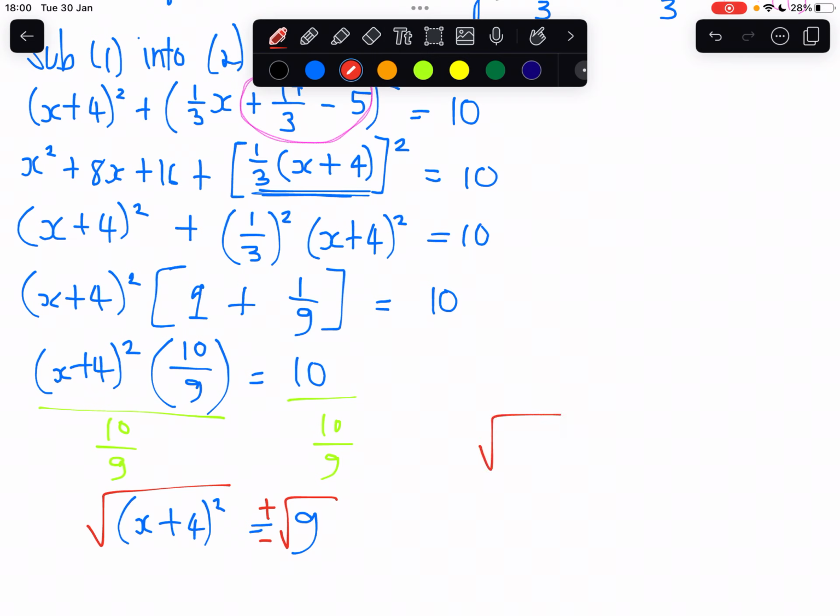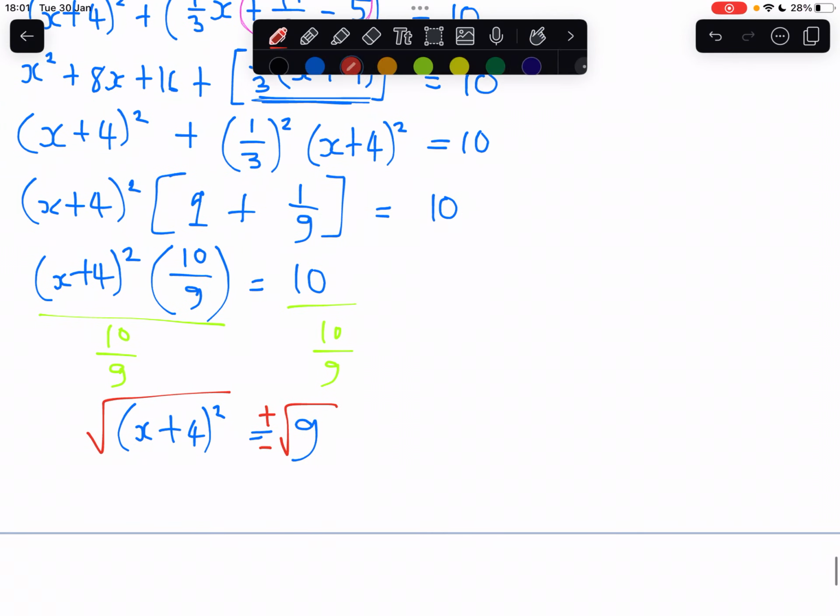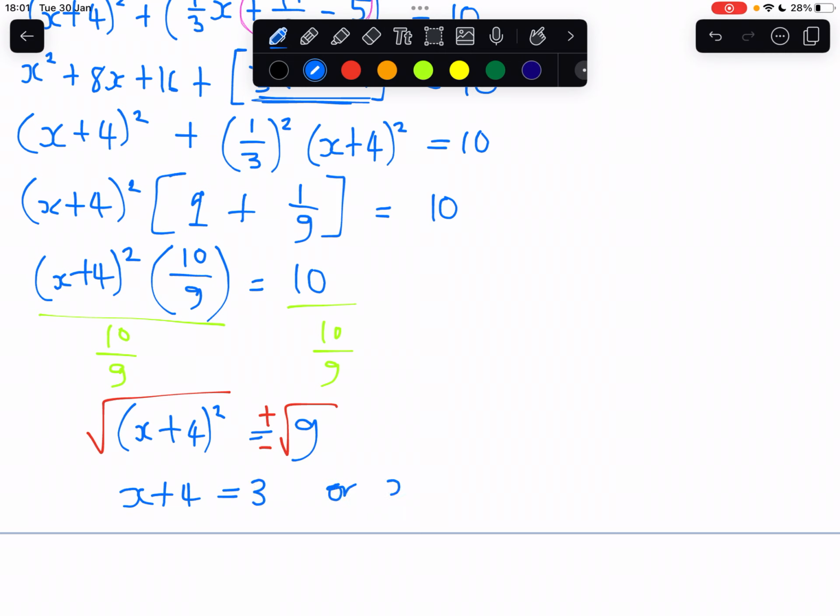So if the square root of x squared is equal to 9, that means x could be 3 or x could also be negative 3. That would also work. So we have to consider both cases. So x plus 4 is equal to 3, or x plus 4 is equal to minus 3.